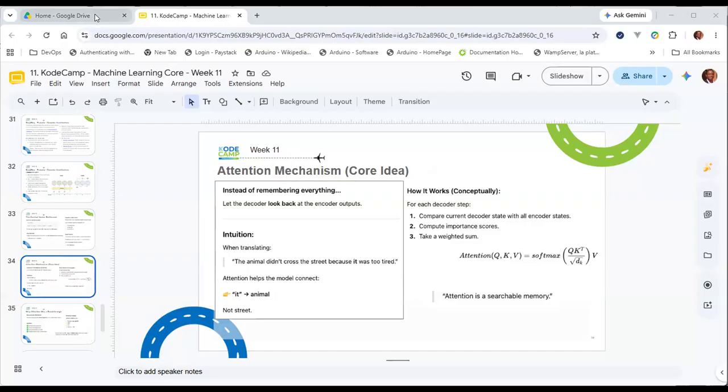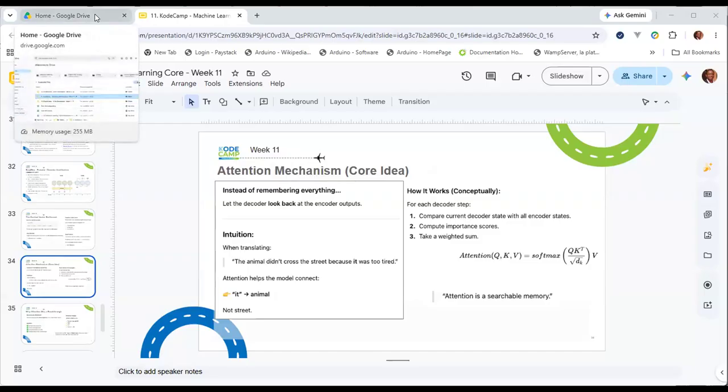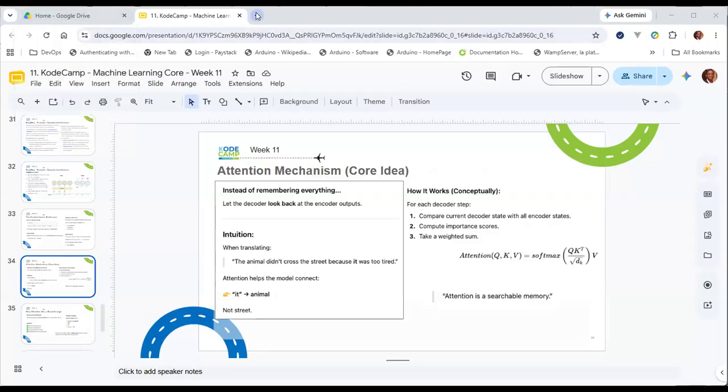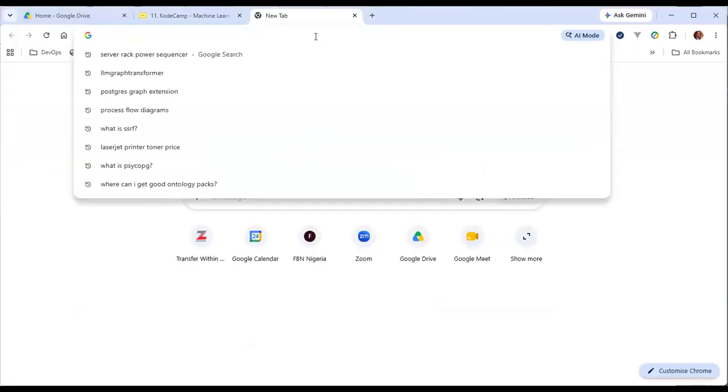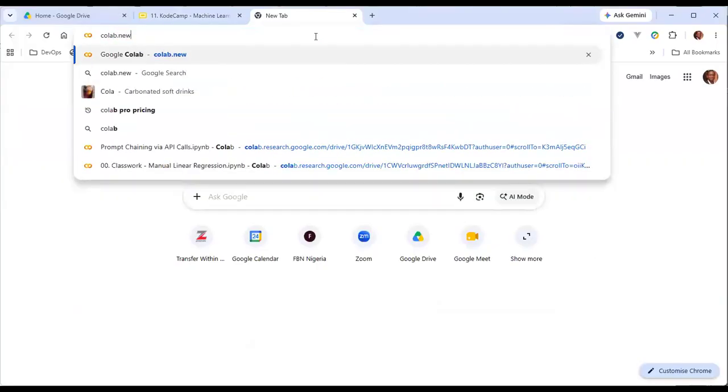Okay, so let's look at some examples of, I want to bring up simple, maybe because of the time, but we can just do an example with a new Colab notebook.